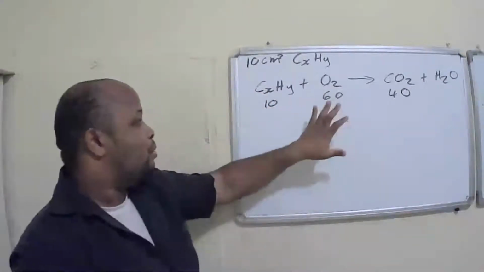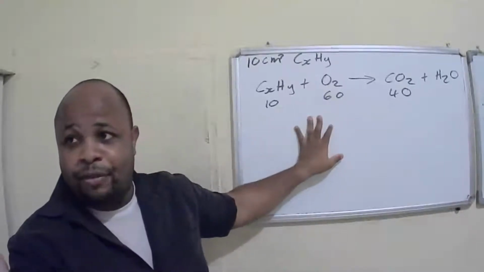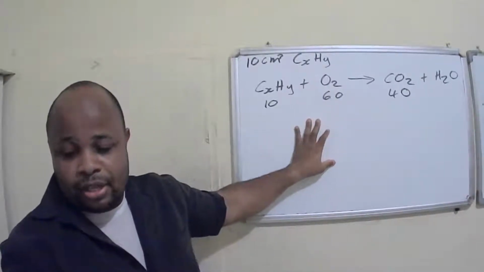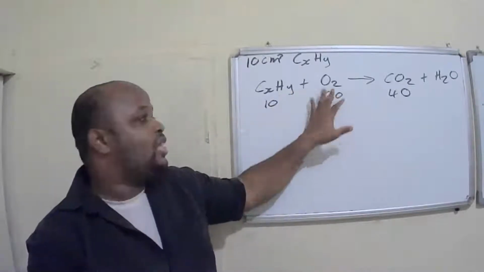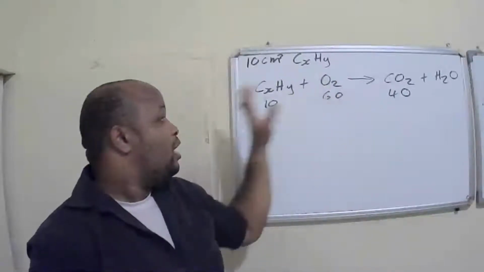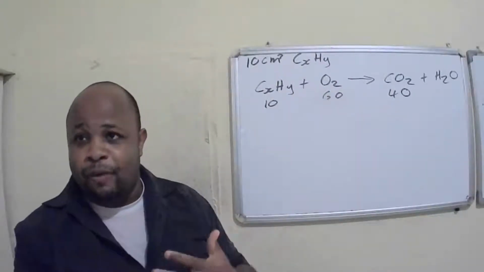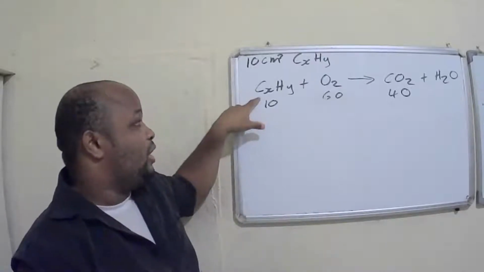So this is how we do it. Set out the question like this: once you get the volume of your hydrocarbon, volume of oxygen, and the CO2, write your equation, because what we're trying to find out is what our hydrocarbon is.